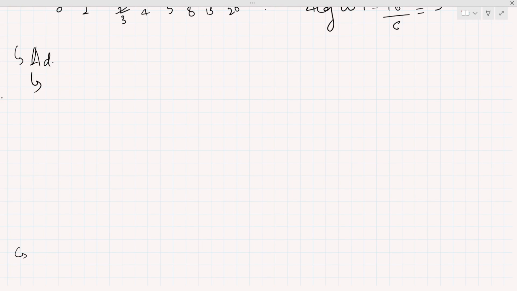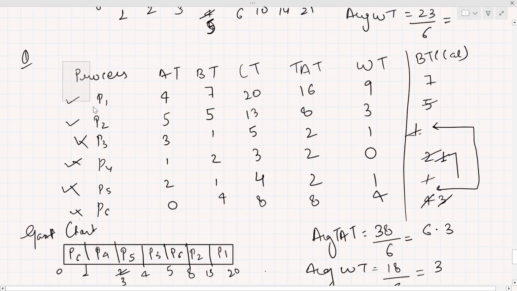So many times a question arises like this, that solve this particular question with the algorithm that gives minimum average waiting time and average turnaround time. Here you can see that there is no scheduling algorithm written in the question.